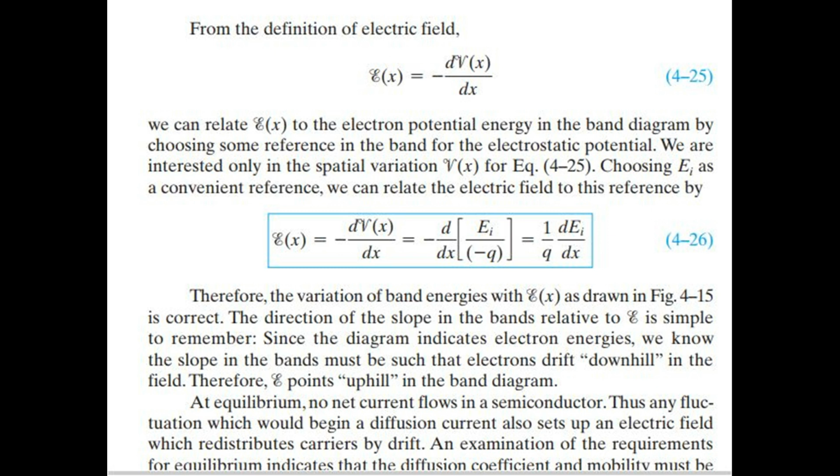Choosing Ei as a convenient reference, we can relate the electric field to this reference. Therefore, the variation of band energies with x, as drawn in Fig 4-15, is correct. The direction of the slope in the bands relative to E is simple to remember. Since the diagram indicates electron energies, we know the slope in the bands must be such that electrons drift downhill in the field. Therefore, E points uphill in the band diagram.